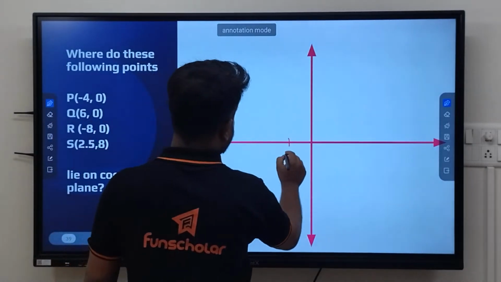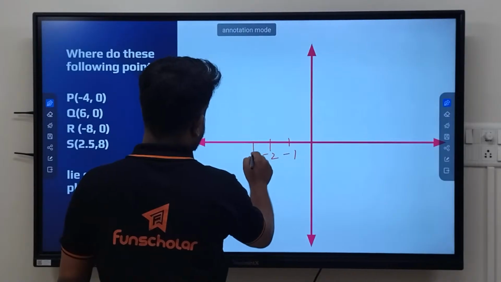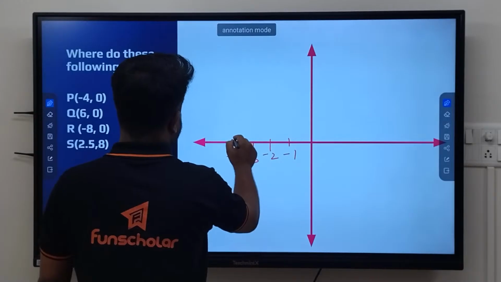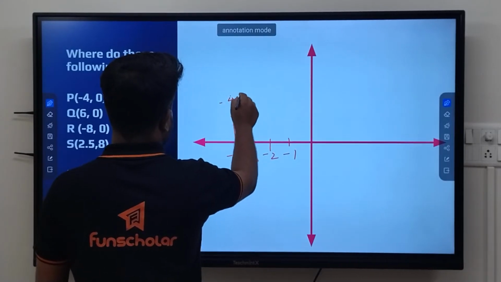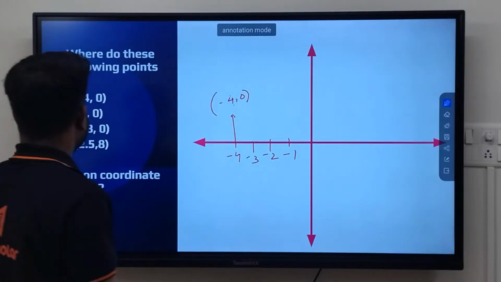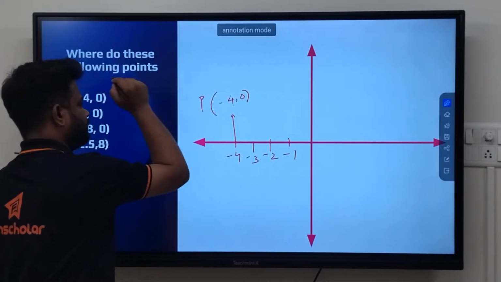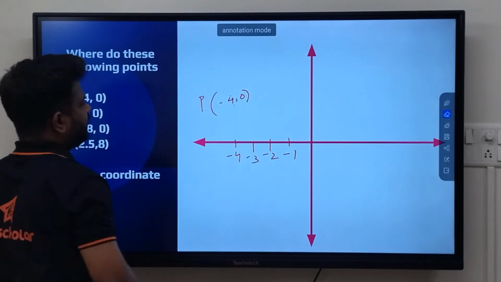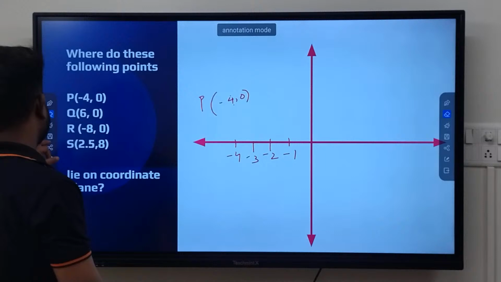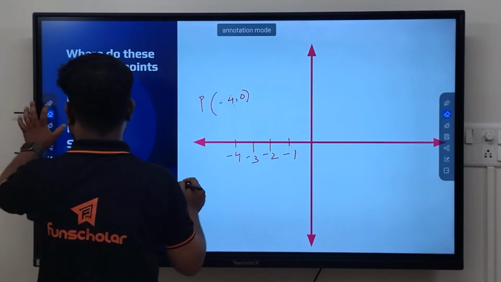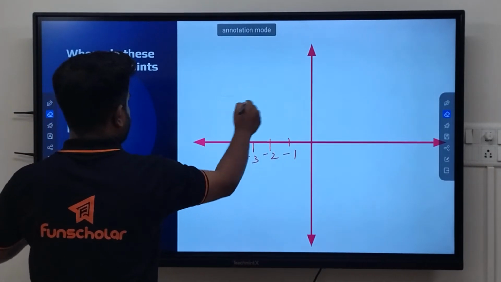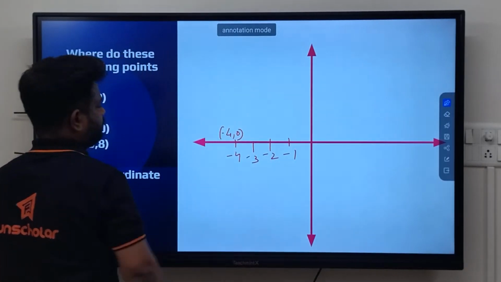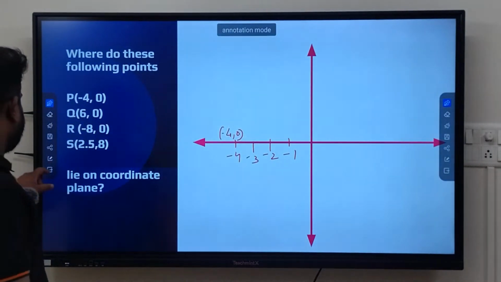Starting from 0, this will be minus 1, minus 2, minus 3, minus 4, and it will stop here. So the point will be minus 4, 0. This one will be P. I just made an arrow for it, but you don't have to. The place of minus 4, 0 will be here.